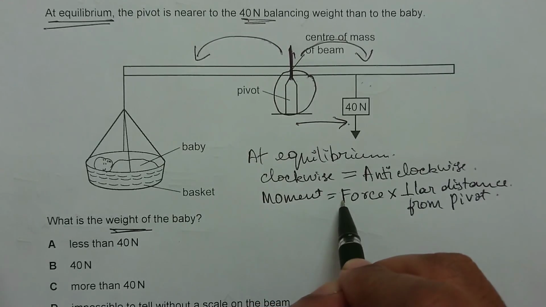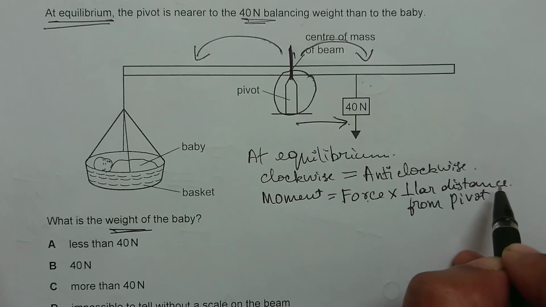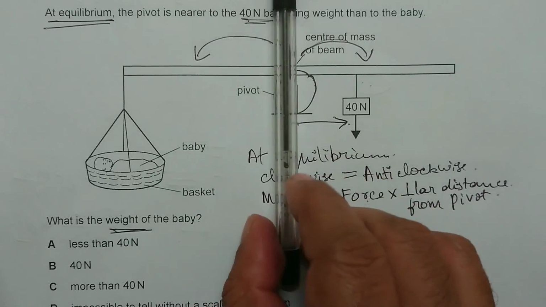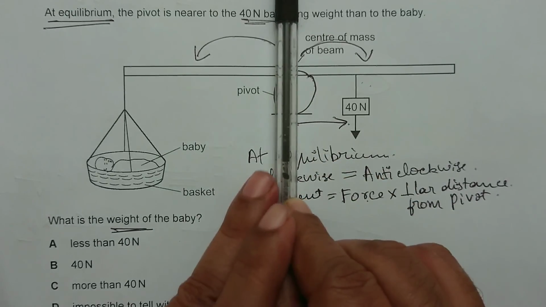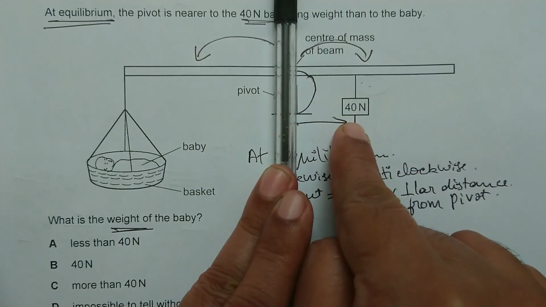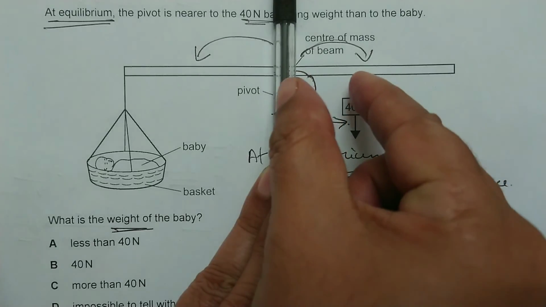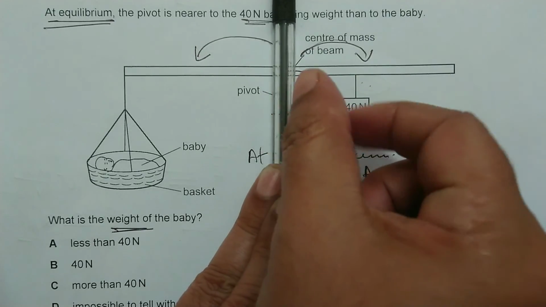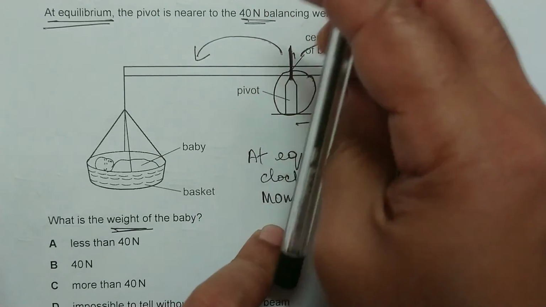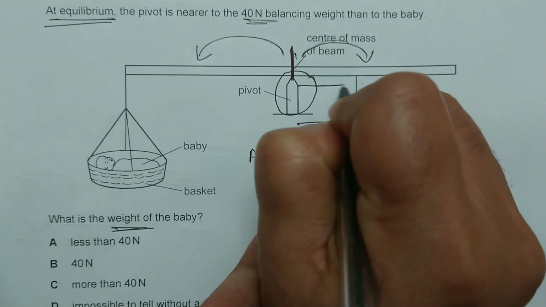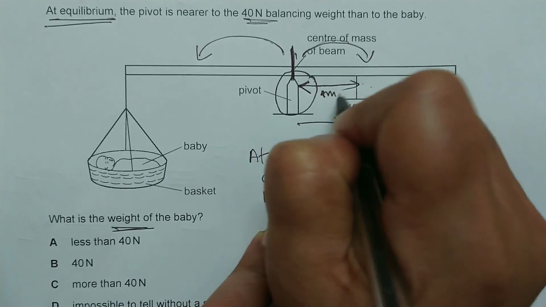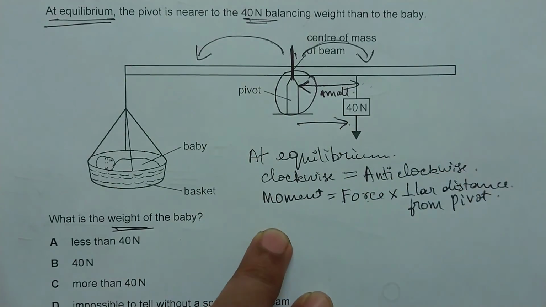So, for clockwise moment, if you are considering this as the pivot, force, that is 40 Newton, times the distance between the pivot and this. Correct? So what is the distance? It is not given, but we can measure that as this much. This is small. Correct?